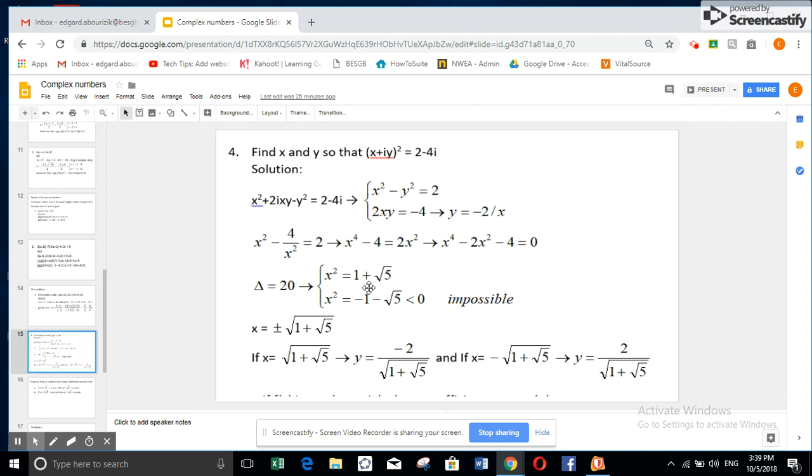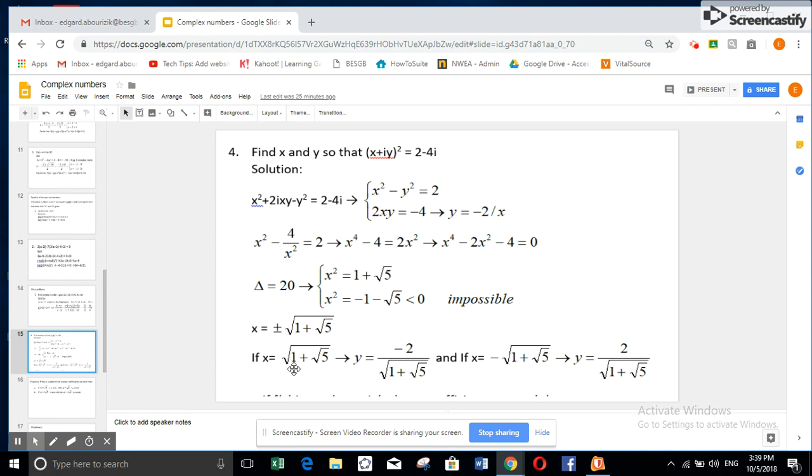I have two roots: minus b plus or minus radical delta over 2a. I have 1 plus radical 5 and 1 minus radical 5. But I said before x must be real, so x squared equal to a negative is impossible. So I take the first one: x squared equals 1 plus radical 5. If I get rid of the square, I have x equals plus or minus the square root of 1 plus radical 5.